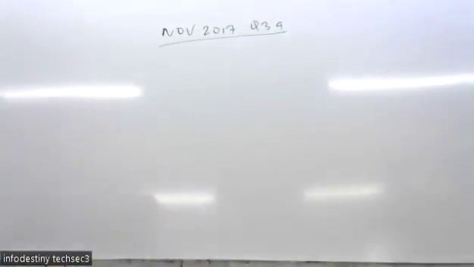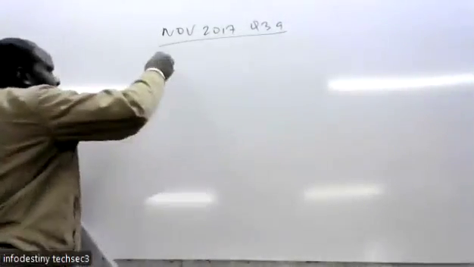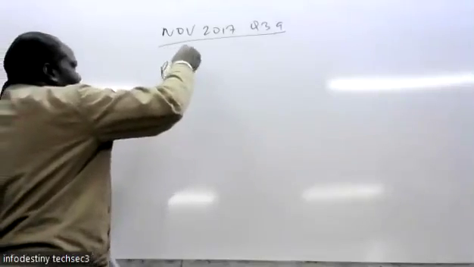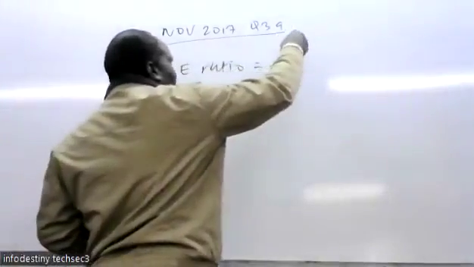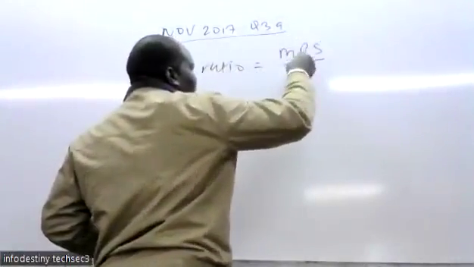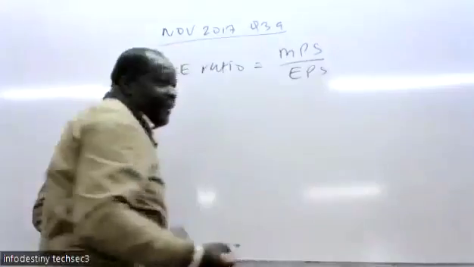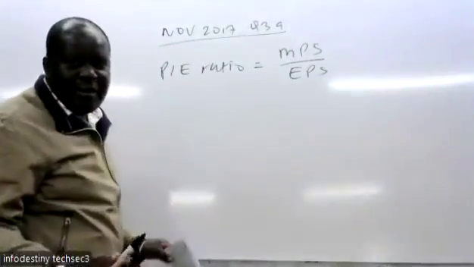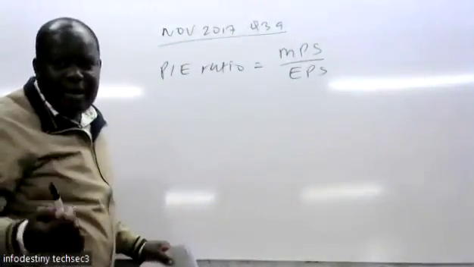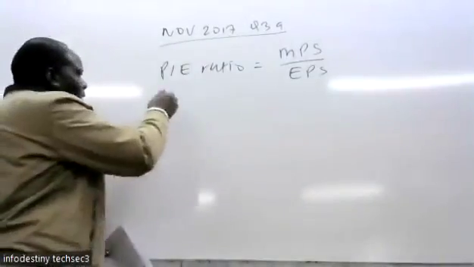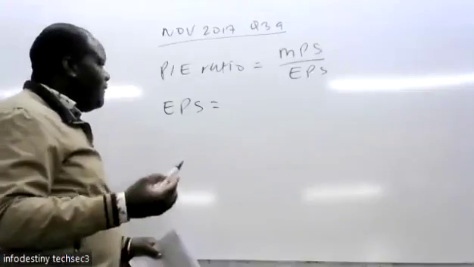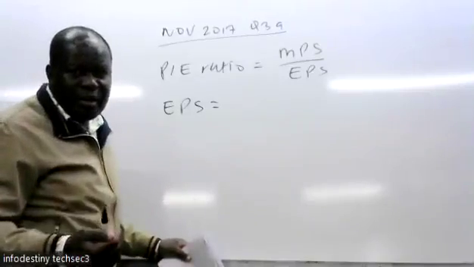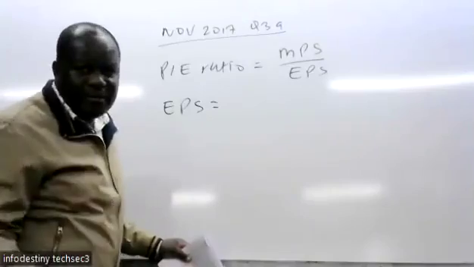I started by saying that price earning ratio is given by market price per share divided by earning per share. Then I wanted to get the earning per share, so I make earning per share the subject.